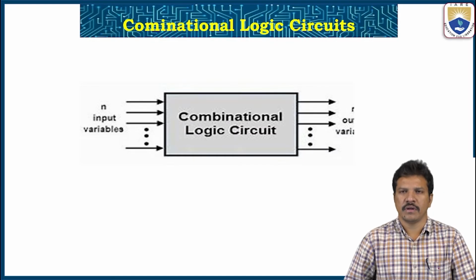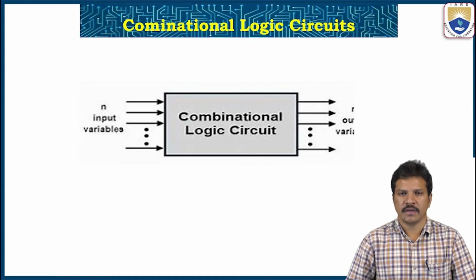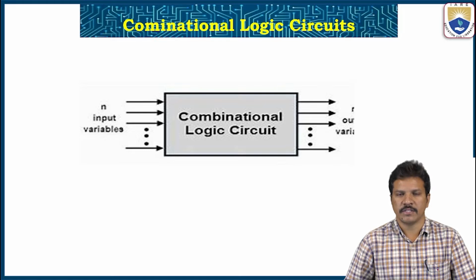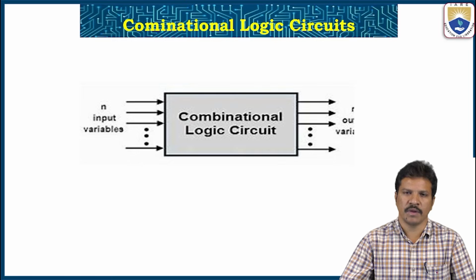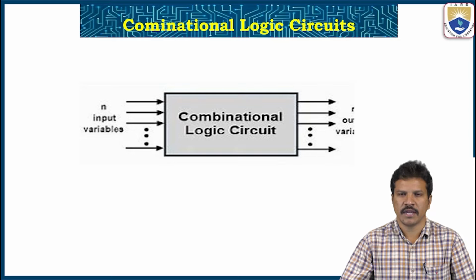So far, we have discussed digital electronics, in which Boolean algebra and Boolean theorems, and then logic gates and definition of functions in SOP or POS and canonical and standard forms, and then how to draw the simple Boolean functions in a logic diagram and how to simplify the Boolean functions.